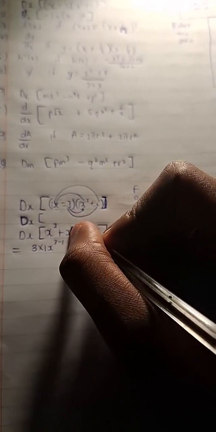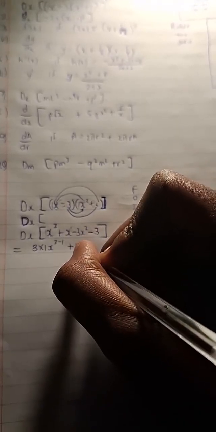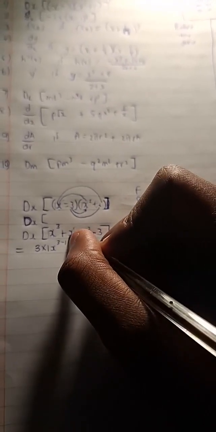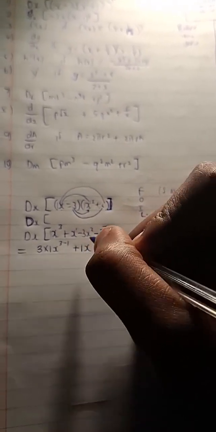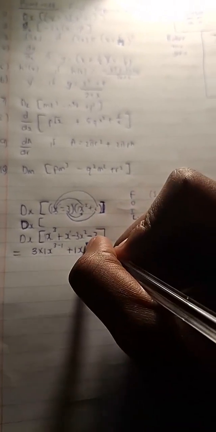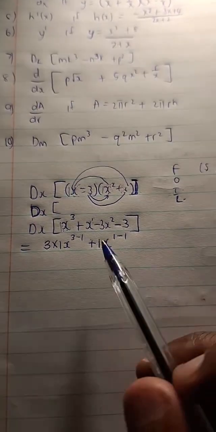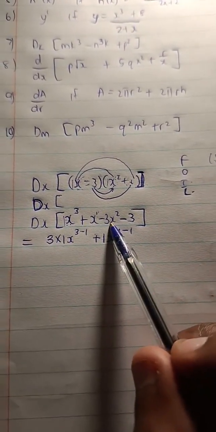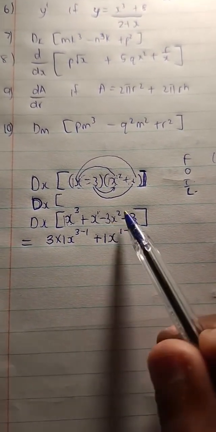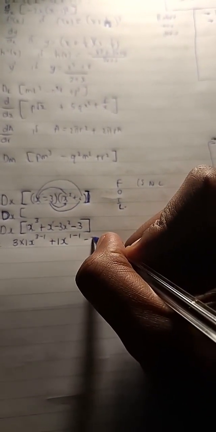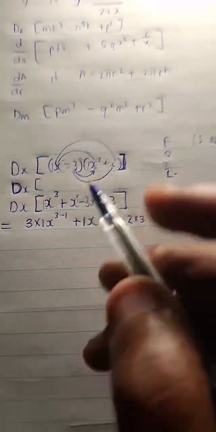This one, there's an x to the power 1. So the exponent, we write it here, gets multiplied with the current coefficient. We retain the variable x, and then we say 1 minus 1. Then this term, we do the same thing. This exponent gets multiplied with the current coefficient, which is 3.